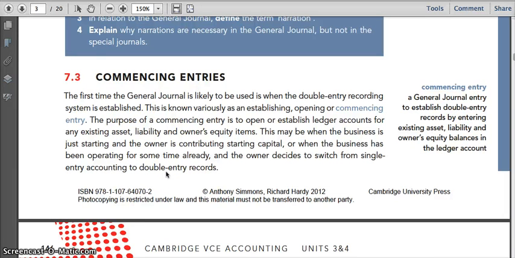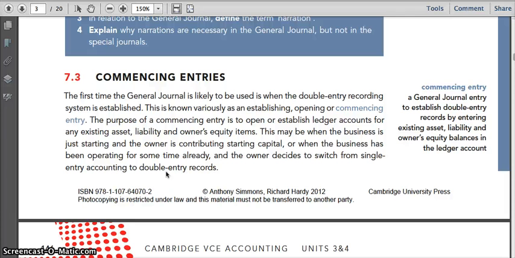Okay, so commencing entries. Basically, this is the first time a business moves into a double entry recording system or is established. That will generally be the first time the general journal has been used. So if the firm has been operating for a little while with the single entry accounting method, then the commencing transactions will be the balances of all the accounts.